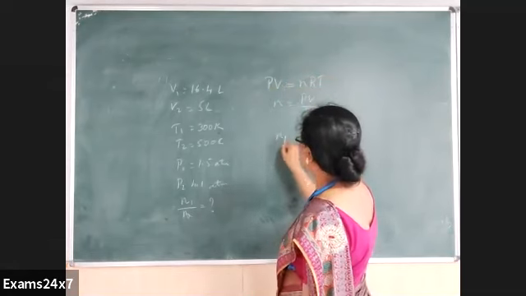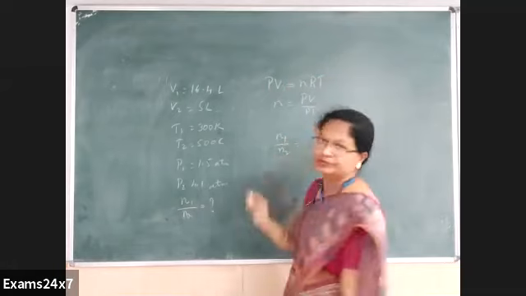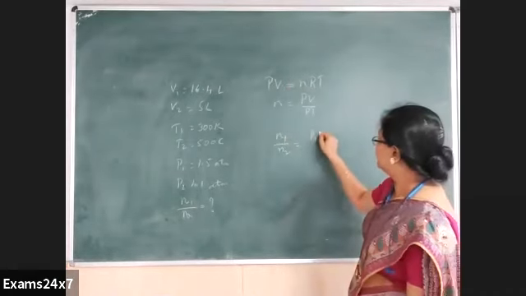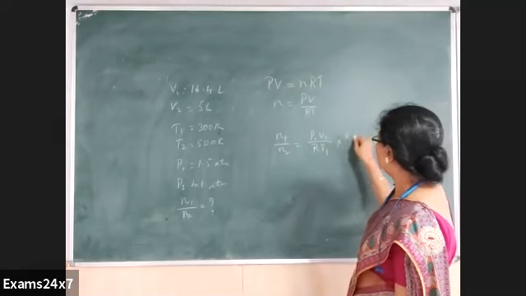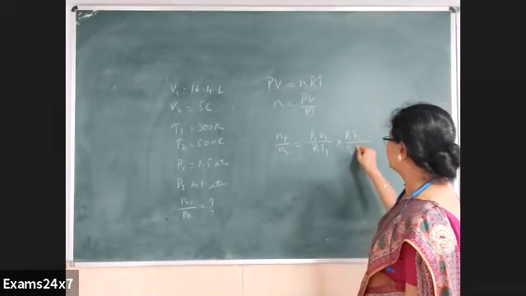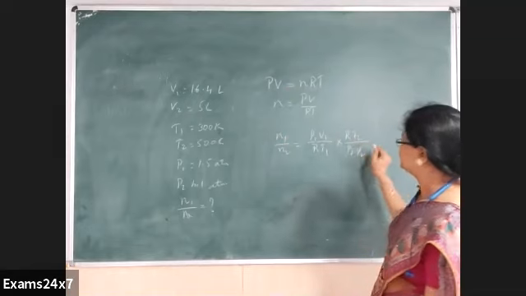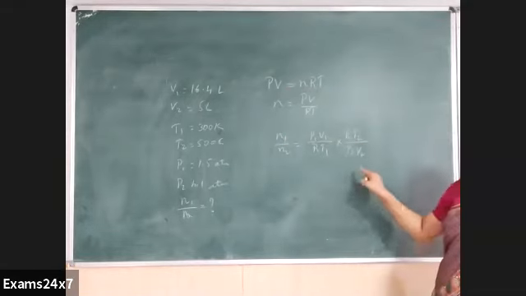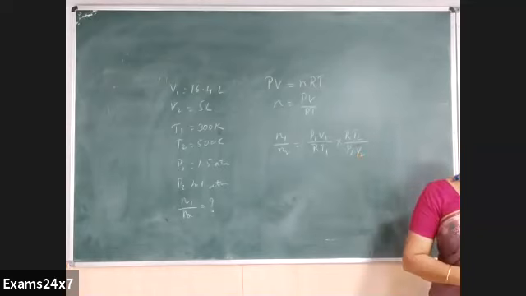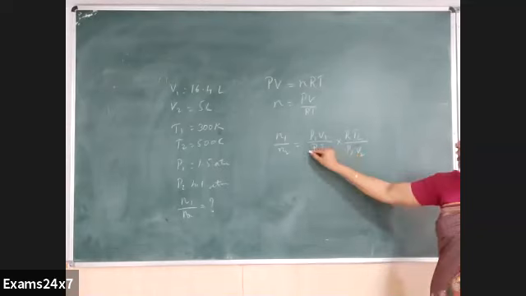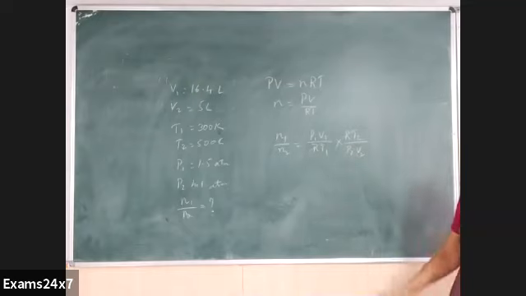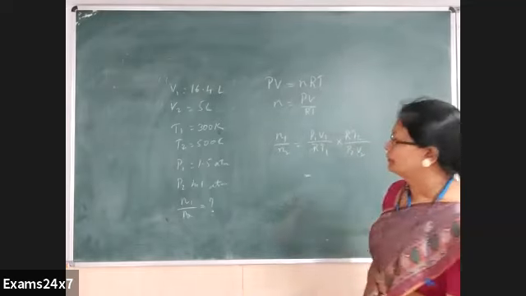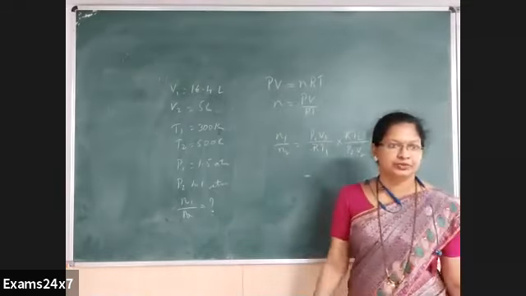Hence, when you take the ratio of N1 by N2, it should be P1 V1 by RT1 into RT2 divided by P2 V2, correct? Isn't it? R being common can be cancelled. Now substitute the rest. You have to find anyhow the N1 by N2 ratio.